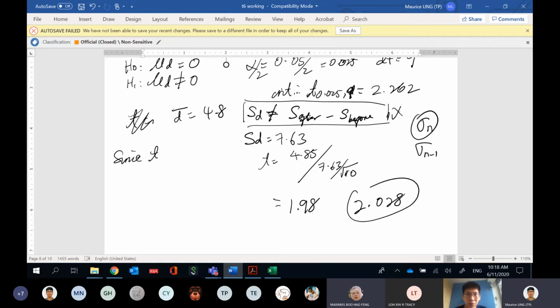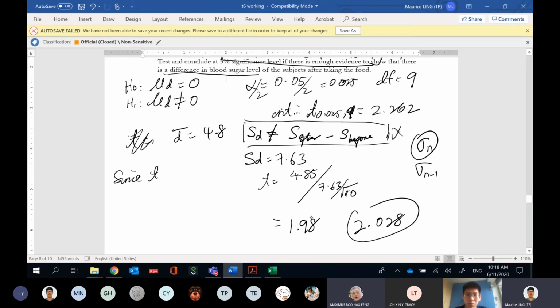Critical value is less than test statistic.